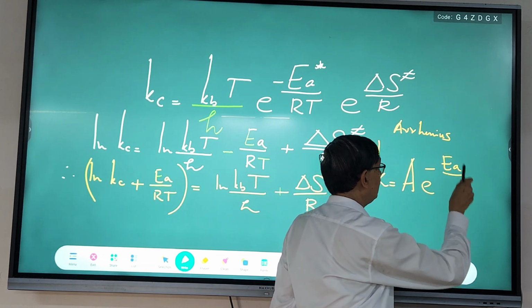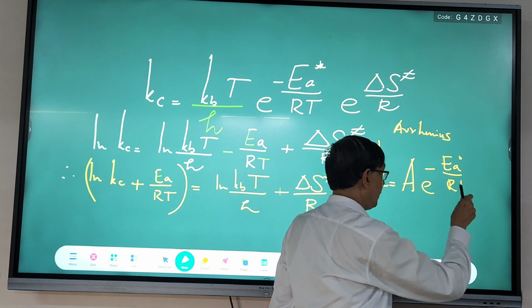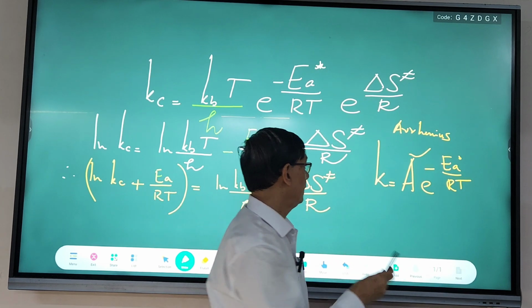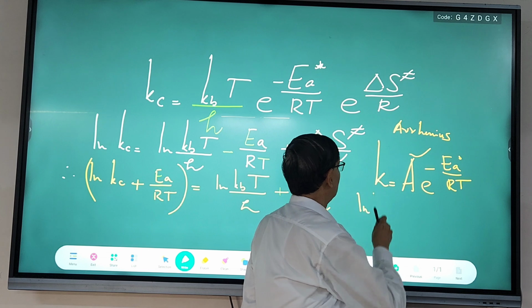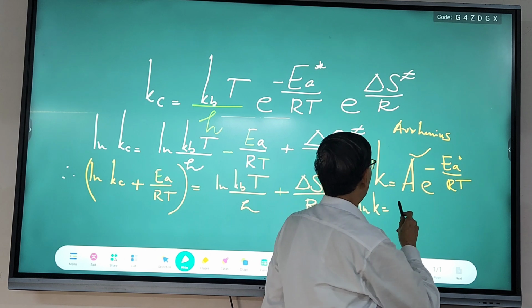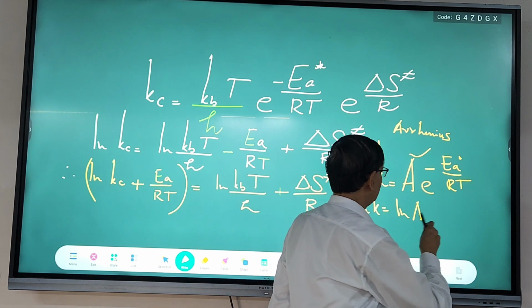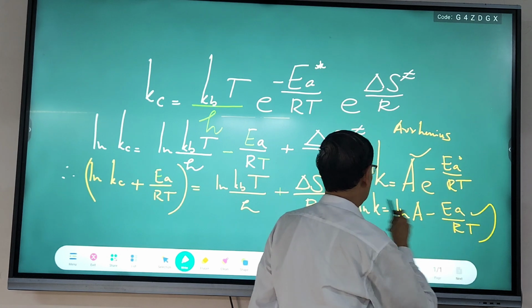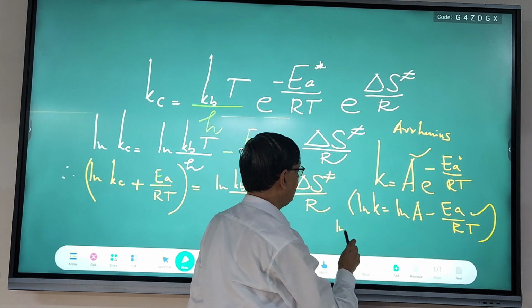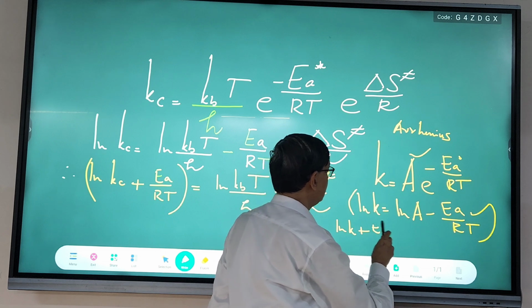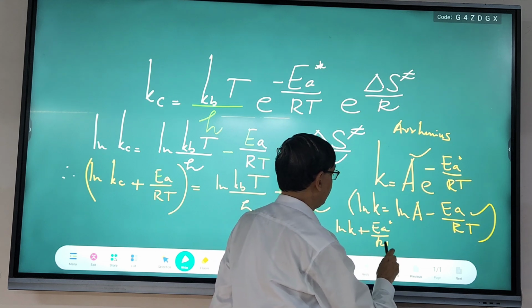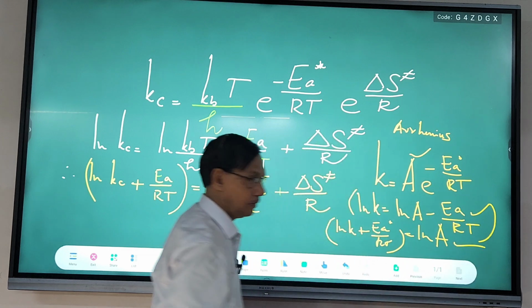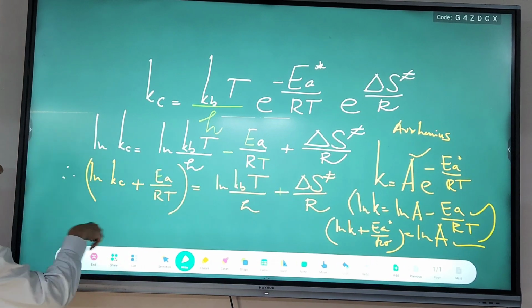That means if you know the value of the frequency factor, you can easily calculate the delta S. Yesterday I had given a numerical problem also. I do not know whether you solved it or not. It's a very simple, undergraduate level thing. So log of K plus EA by RT is equal to natural log of A. So you just substitute these things.